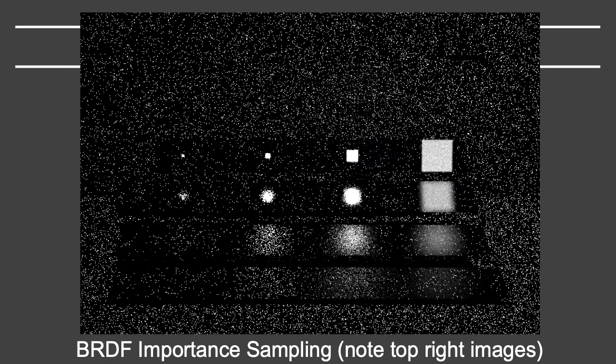Here is the example scene with BRDF importance sampling. In general, it's very noisy everywhere. However, if you look at the top right region, which has a near mirror BRDF and wider area light sources, you notice that it is actually handled well.